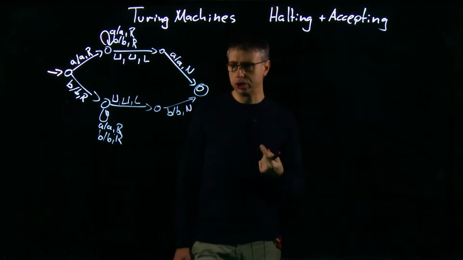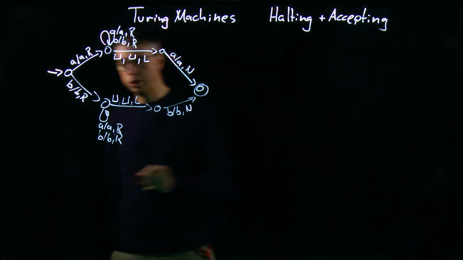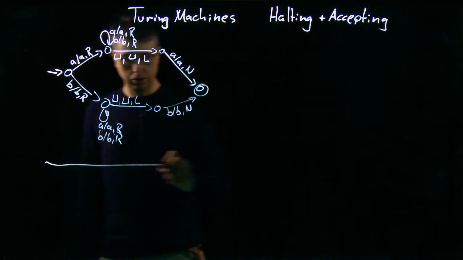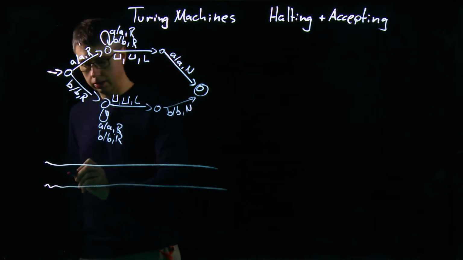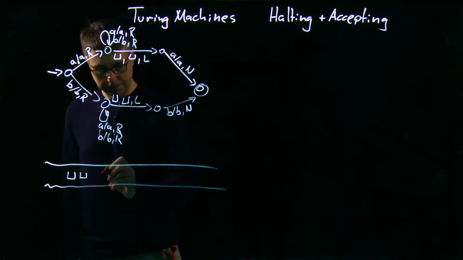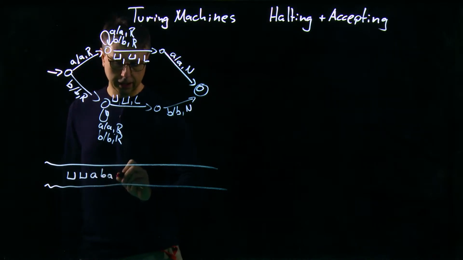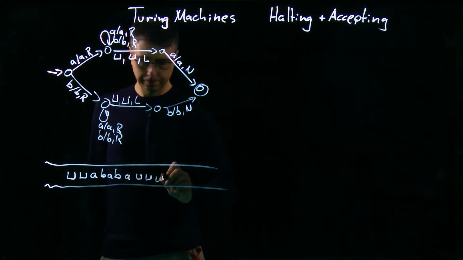So now we have a Turing machine that accepts the language that consists of all words for which the leftmost and the rightmost letter are the same. So if we have our infinite tape here, and then we have a lot of blanks, and then our input starts, and we have, for example, an A, then B, then A, then B, and then an A, and more blanks.